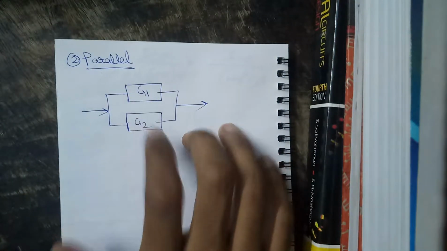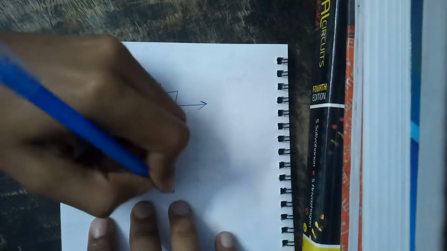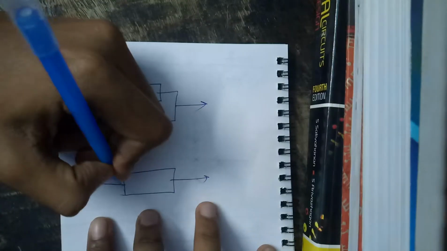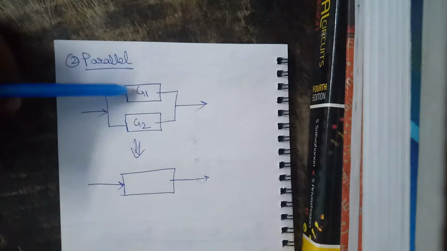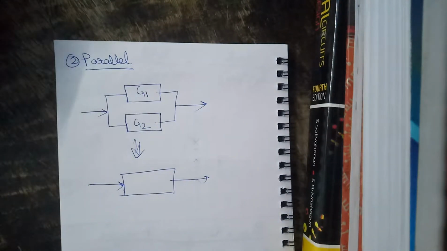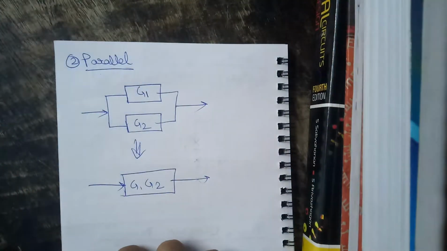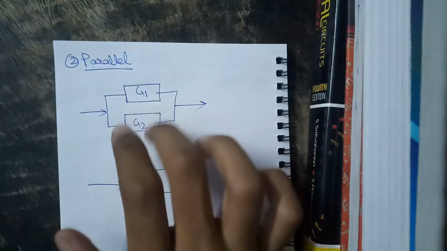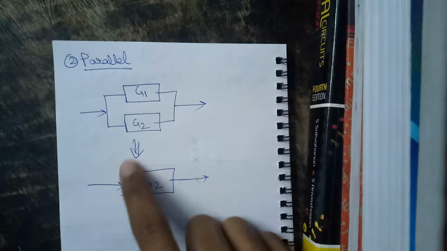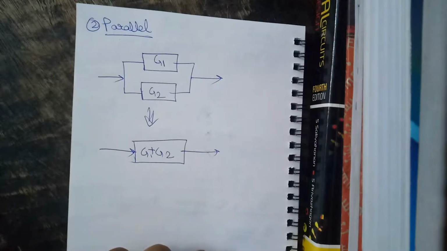Now if we replace this by a single block, the equivalent transfer function would just be the sum of the two blocks, g1 plus g2. If it were in series, it would have been g1 g2. As it is in parallel, it is g1 plus g2. So that is the parallel rule.